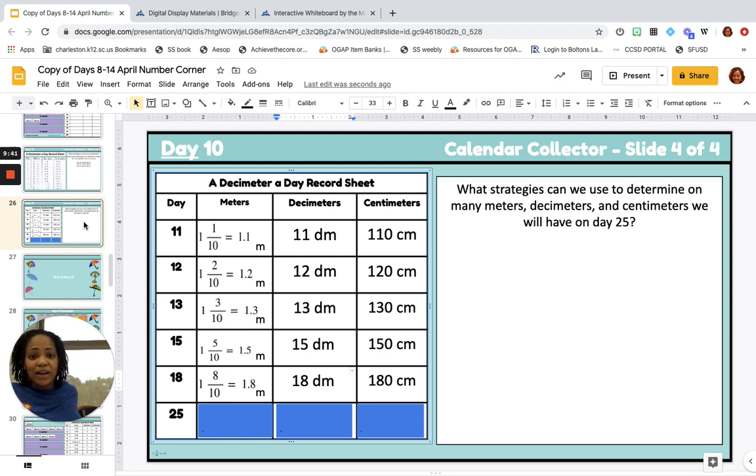Can you, after our conversation today, use a strategy to determine how many meters, decimeters, and centimeters we would have if we collected for 25 days? Go ahead and take out a piece of paper, write it down, write it on a whiteboard, and if you need to pause this video, do so.